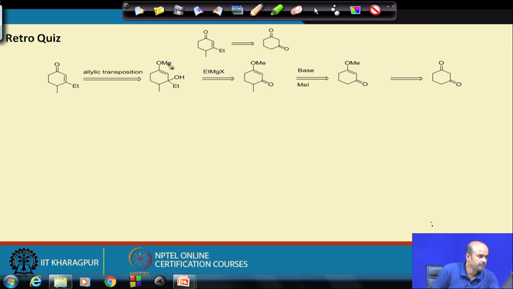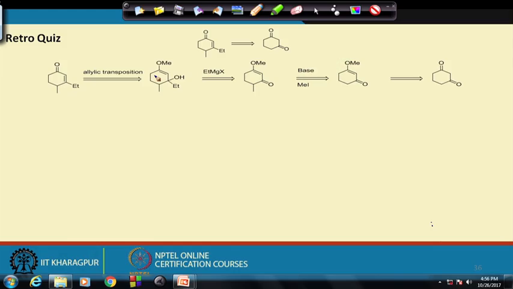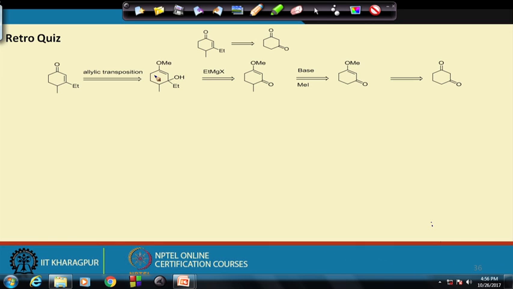Now, how does it happen? You have the O-methoxy, you hydrolyze it, and this hydrolysis gives you the vinylic alcohol OH, which is prone to elimination of the water molecule, and then you have this double bond isomerization or double bond transposition, meaning the double bond has changed its original position to another position. So, that is one of the assignments, where you are trying to use a new reaction which is quite unique, because you need to know some important reactions.